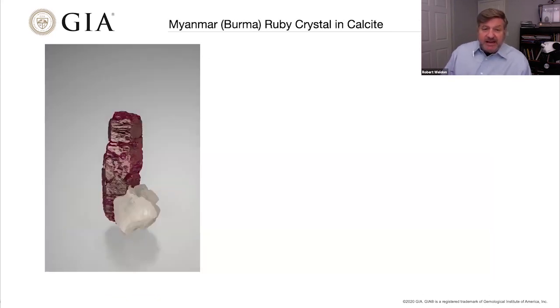Now this is an absolutely stunning ruby that I photographed recently. This is the first photograph I took of it. It's about 4 inches high. It's from Burma with a wonderful chunk of calcite attached.